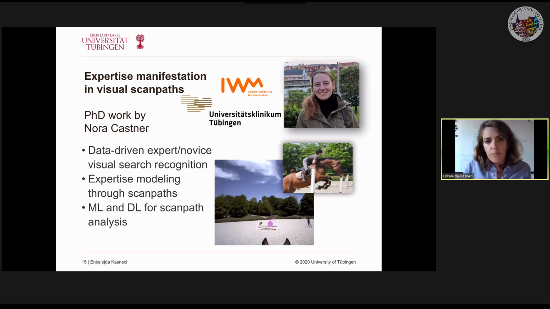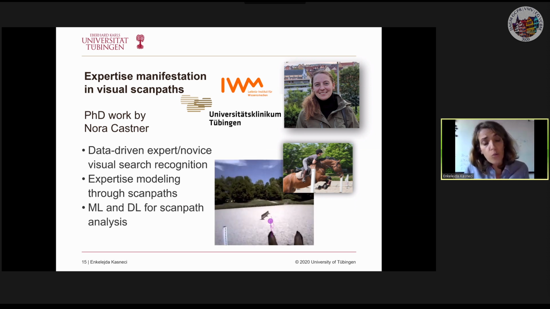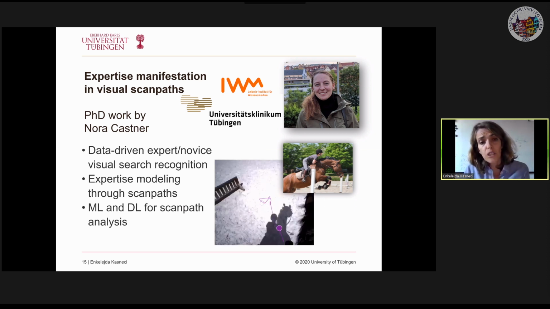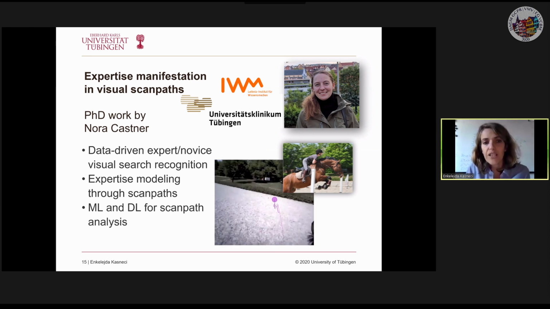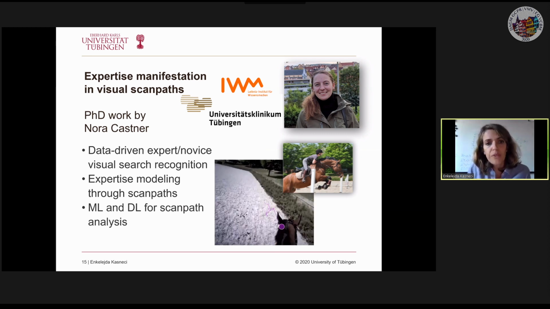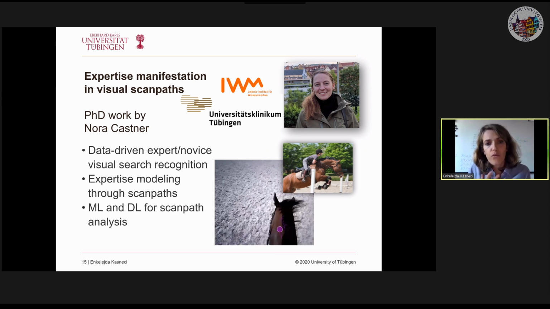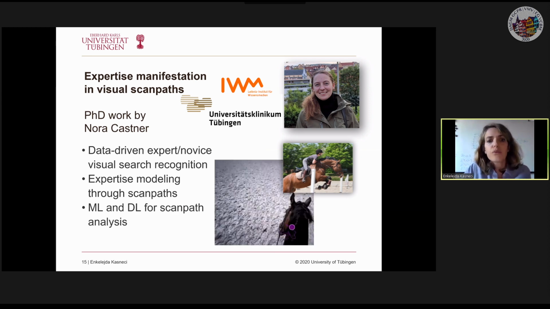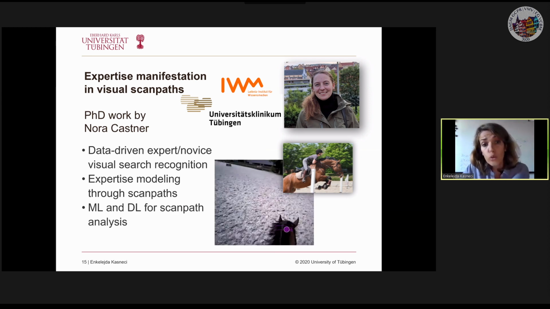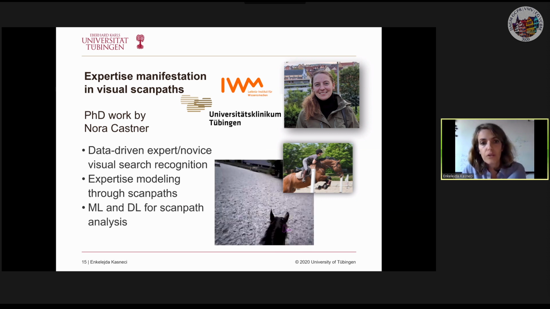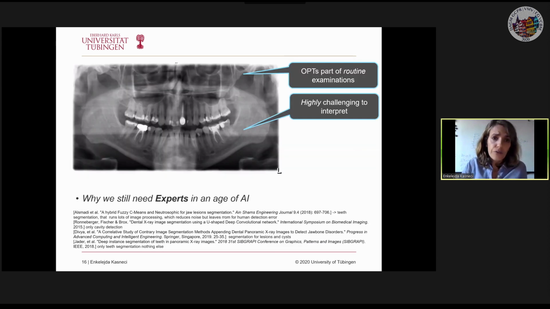So we will see here in my talk how we have worked with static stimuli, but I think the most challenging part will be to develop these models further for dynamic stimuli such as video data or real world tasks, like, for example, sport expertise and so on. I'll take you through some radiology images in the area of dentistry.